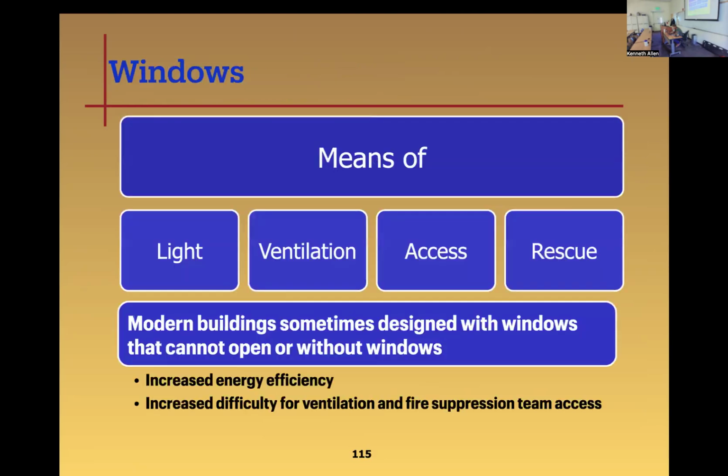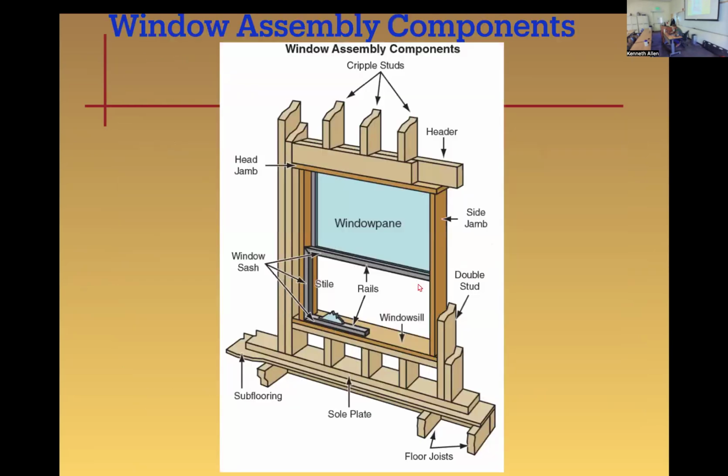Okay, let's look at a couple windows here. So here's your window. You have the pane, you have the sash itself, you have the jamb that fits in here. Here's some headers, some sister blocks in here, some sister studs, and then some cripples down below just to make it the right size.